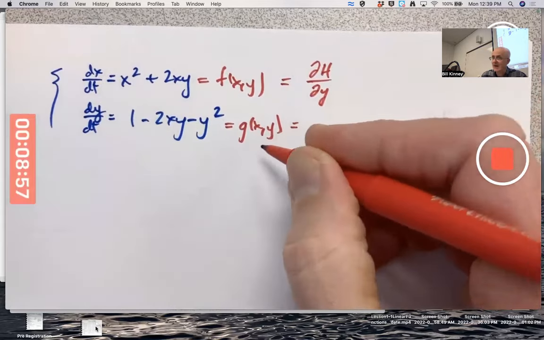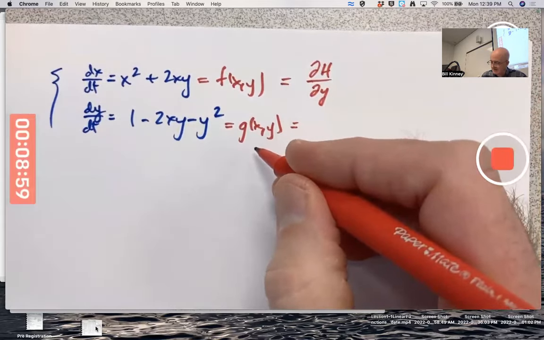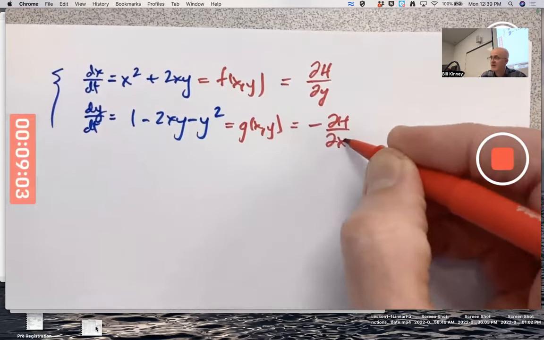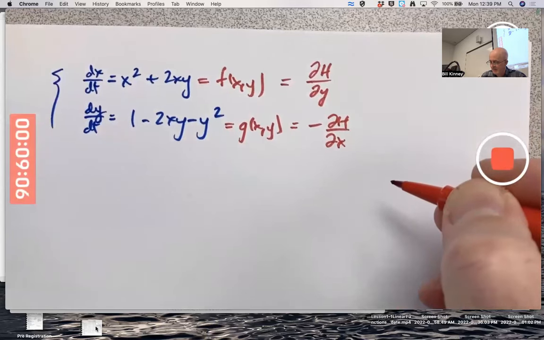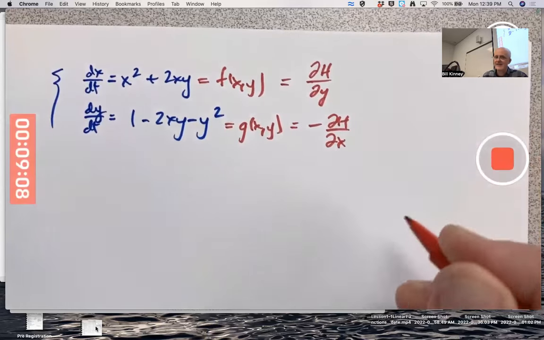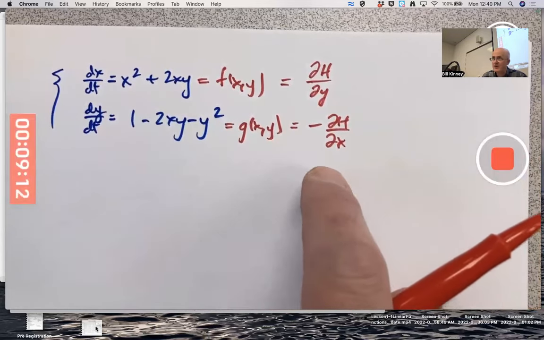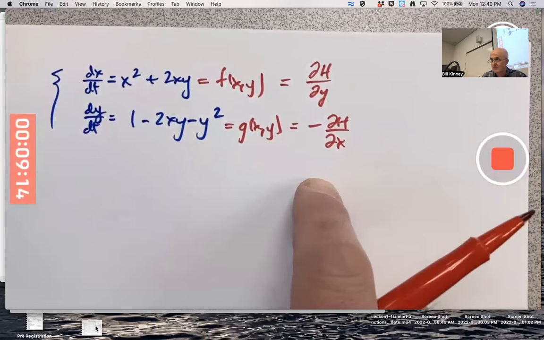And the right-hand side of the dy/dt equation is the opposite of the partial derivative of the Hamiltonian function with respect to the first variable x. The system will be a Hamiltonian system if and only if there is some function capital H where this is true.